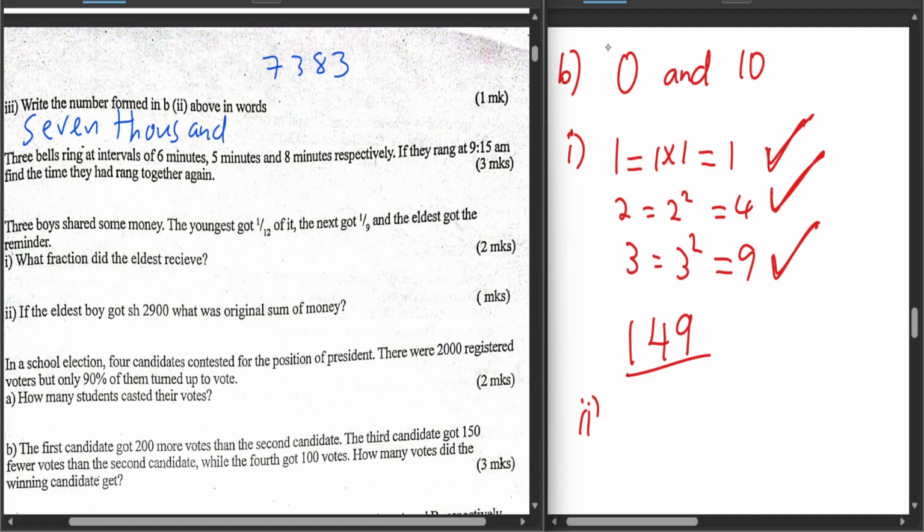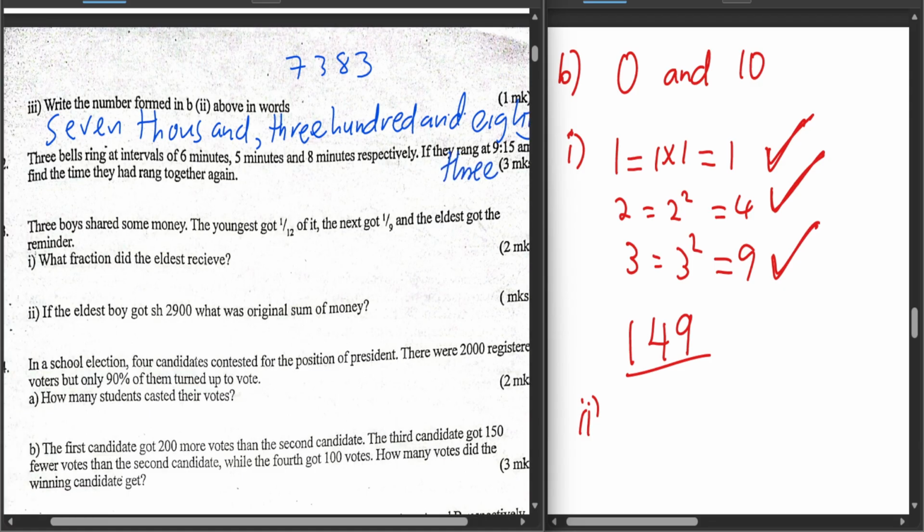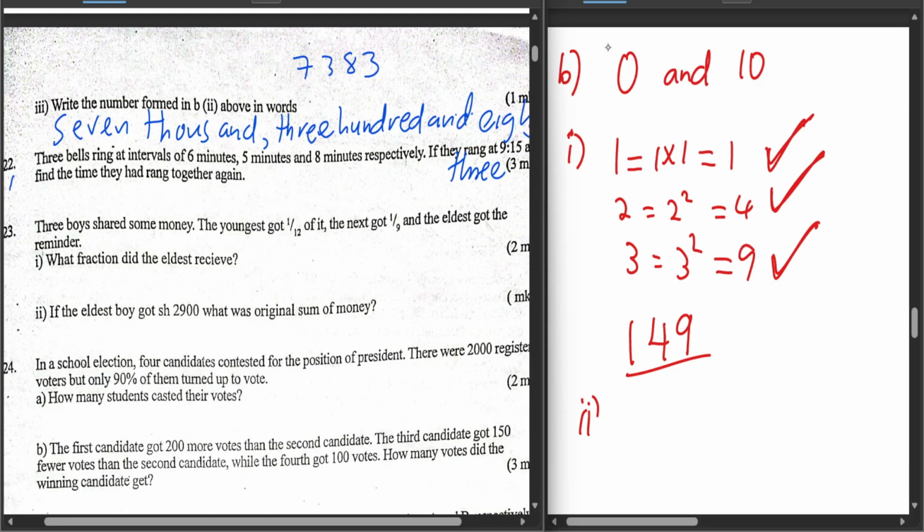The 3 is in the hundreds, so 383, and 8. Okay, that's done. Let's go to question 22, which is this one.